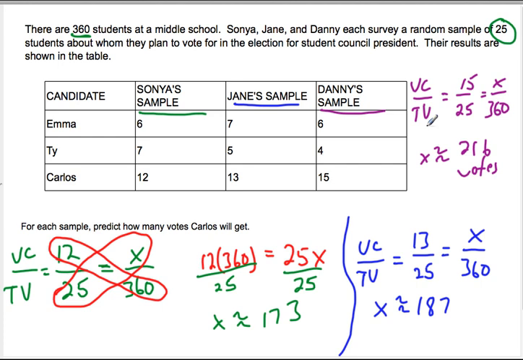But what you can do is make an even bigger sample by combining all of these, and then you get a better estimation. So if one of them is 173, one of them is 187, and one of them is 216, what might be a good prediction on how many votes Carlos will get? Pause, and then you can resume after you think about what you're going to say.